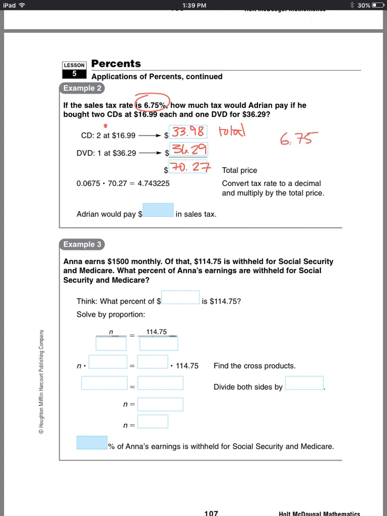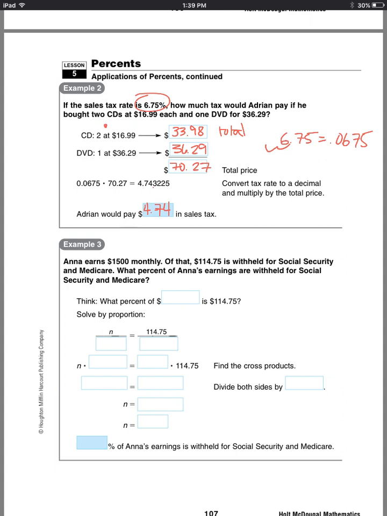So we have to move it 2 places left, and we get 0.0675. So we have 0.0675 times the total price before tax, and when we multiply that, we get $4.74 because we have to round to the nearest cent. So we look at the third digit, and that 3 makes that 4 stay.